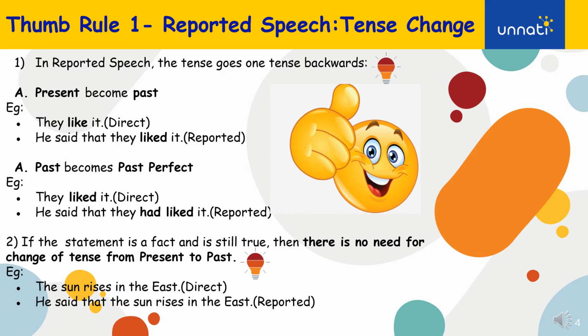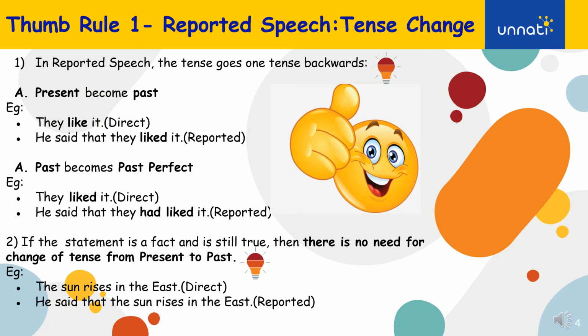If the direct speech is in past tense, then it will become past perfect in reported speech. For example, they liked it, direct speech, becomes he said that they had liked it, reported. So liked, past tense, becomes had liked, past perfect.